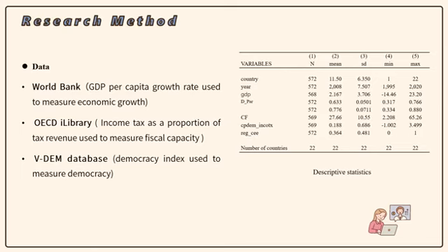We use a tax database from the OECD library website to measure fiscal capacity. The state's fiscal capacity is measured by the share of income tax in tax revenue because income tax reflects the state's fiscal capacity. The V-Dem Democracy Index measures democracy. Next, I will focus on method.